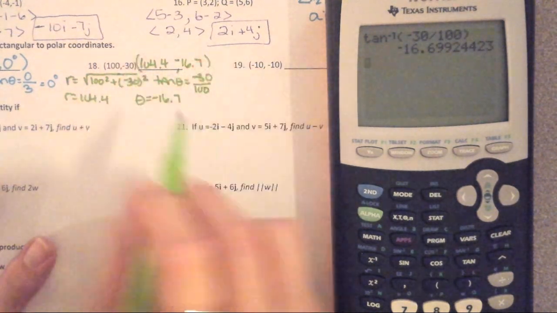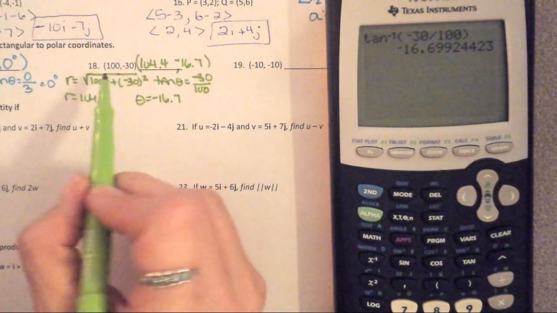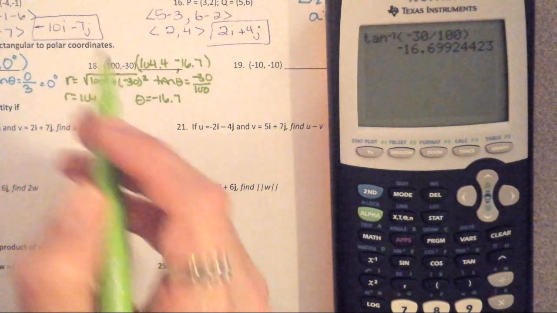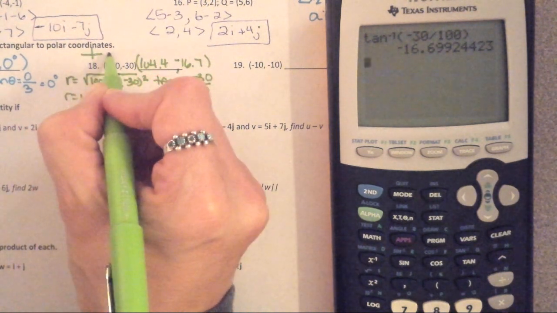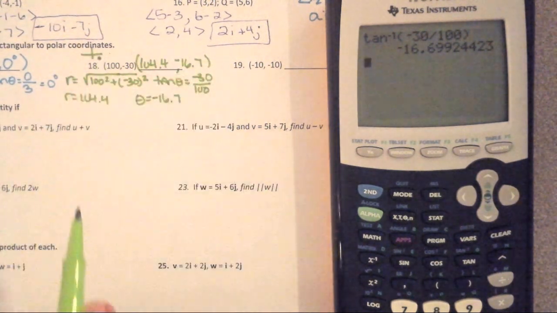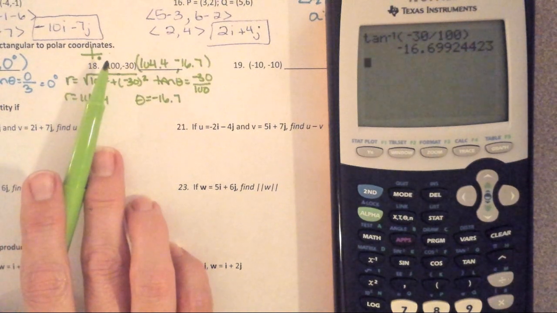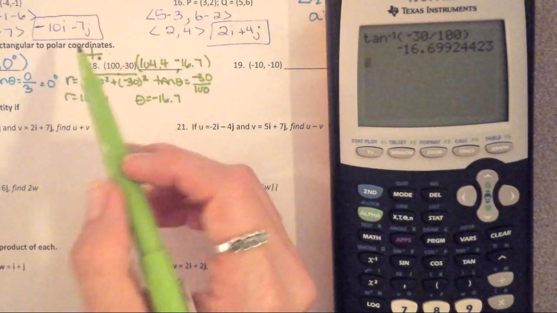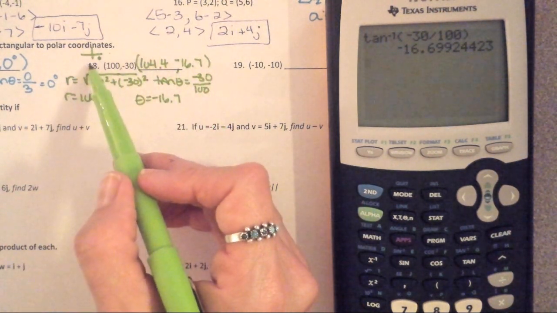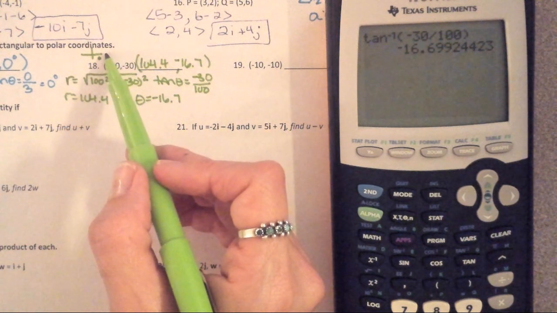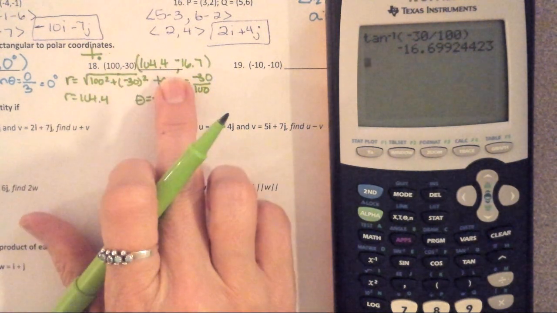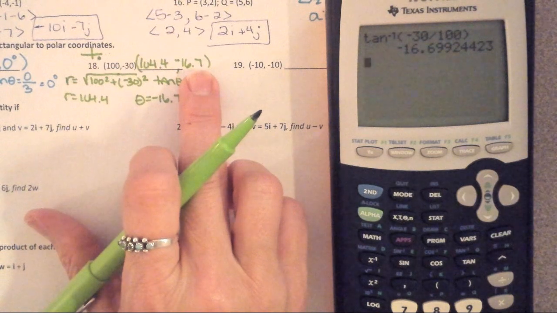All right, so now let's think about what this point means. If I were to graph the point 100, negative 30, I'd go 100 to the right and 30 below, which would put me in quadrant 4. In quadrant 4, I should have an answer between 270 degrees and 360 degrees. The answer I have is negative 16.7.